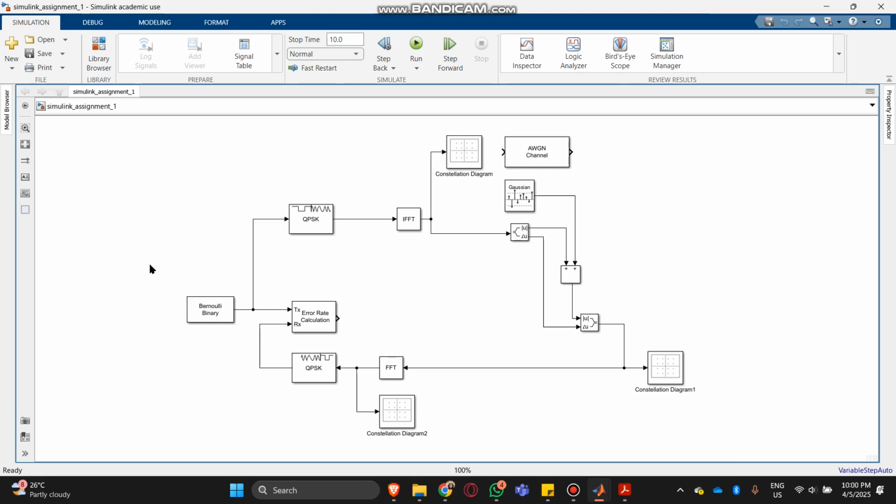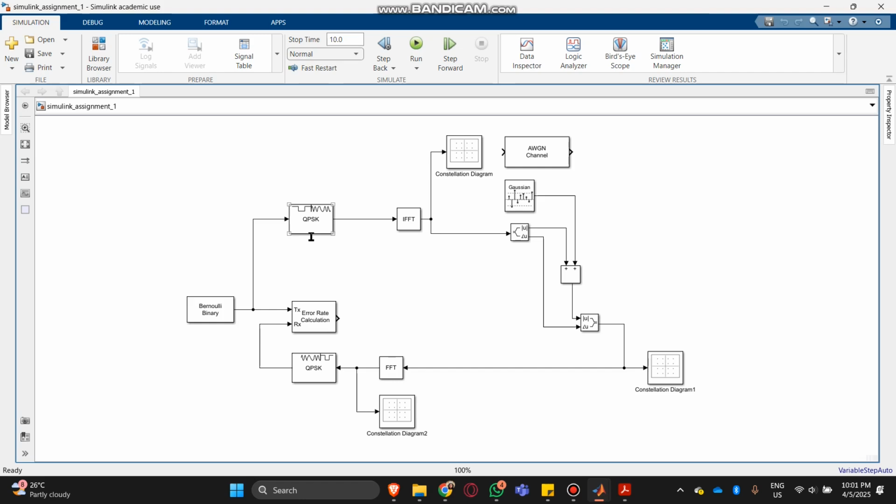Alright, first we have data generation, the binary generator. It produces a stream of random binary bits to simulate the transmitted data. Next we go to QPSK. QPSK is quadrature phase shift keying.